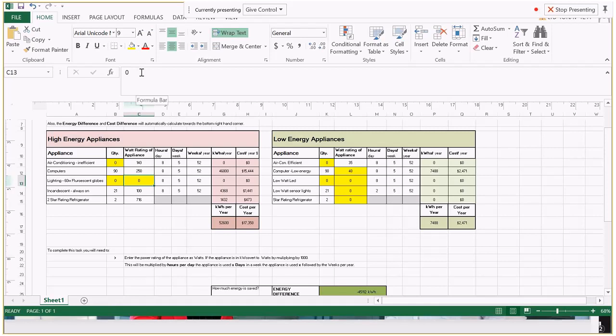I'll give you a hint, it starts in 6, ends in 0. Yeah, 60, because we've got a 60 watt globe, right? Whereas for our low watt LED, we've calculated how many of those we need and how many watts that is.